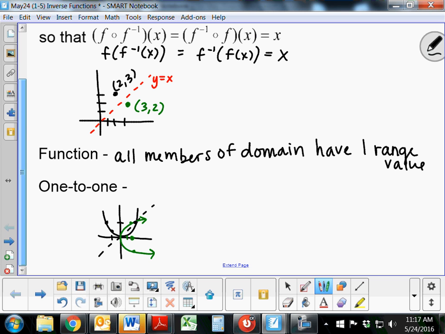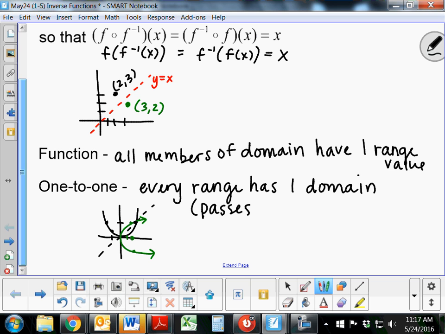So when we talk about a one-to-one function, it means that not only is it a function, but also every range has only one domain. Or I like what Victor said, actually. It passes the horizontal test, too. So what are the graphs that aren't functions?